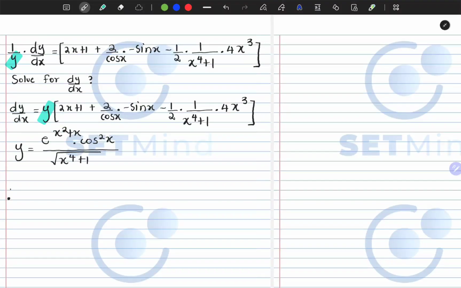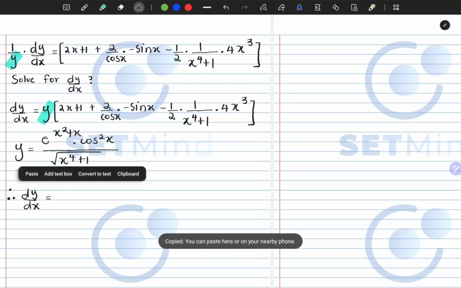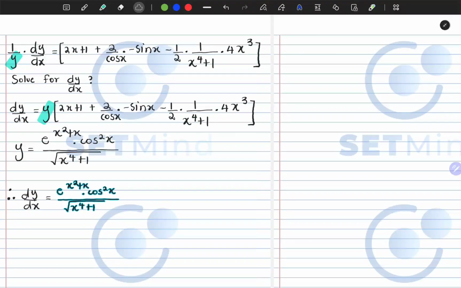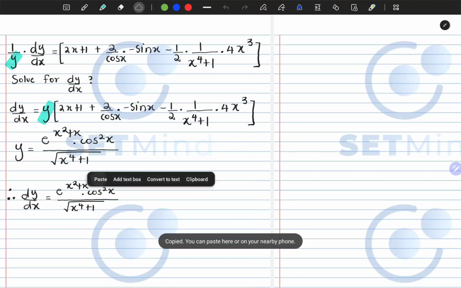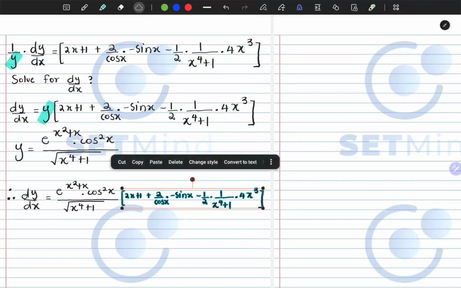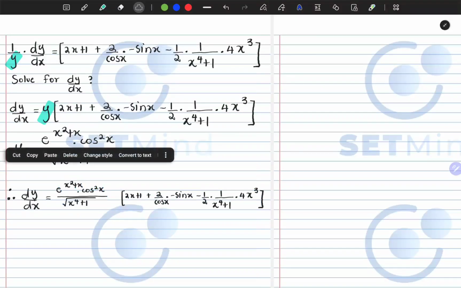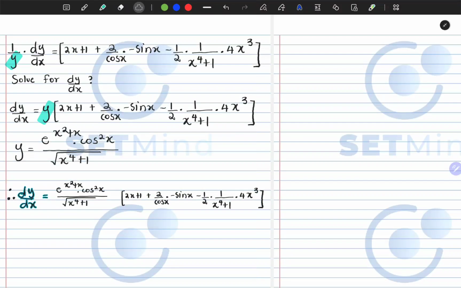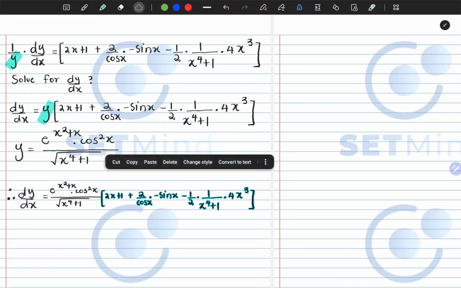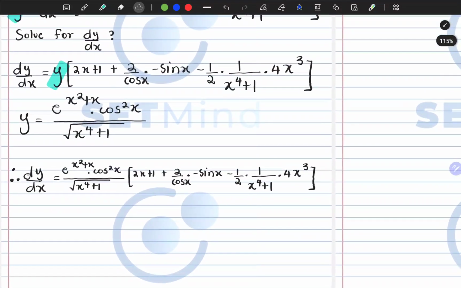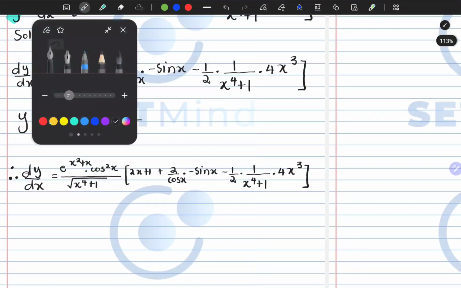So therefore, our dy dx will simply be, we'll take this for y, and it will multiply that entire bracket, which we will just need to make a bit smaller so that everything fits. Let's make this smaller and this smaller. So this is what we end up having as our final answer.